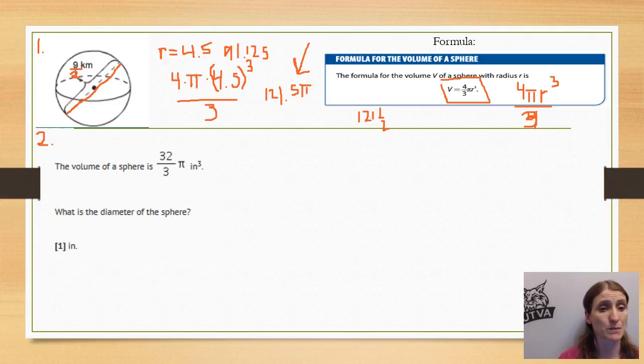All right, if I used 3.14 in place of pi, then my approximate answer would be 121.5 times 3.14. Did I say 1.5? I'm sorry. Okay, so times 3.14.